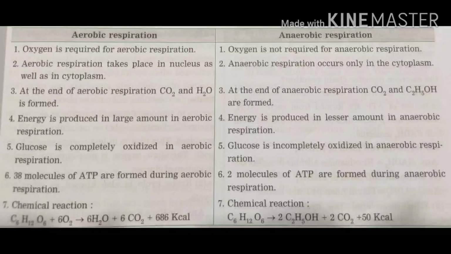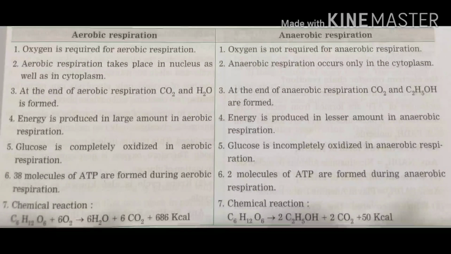Third difference is at the end of aerobic respiration, carbon dioxide and water molecules are formed. But at the end of anaerobic respiration, carbon dioxide and ethyl alcohol are formed. Fourth difference, energy is produced in large amount in aerobic respiration, but energy is produced in lesser amount in anaerobic respiration.